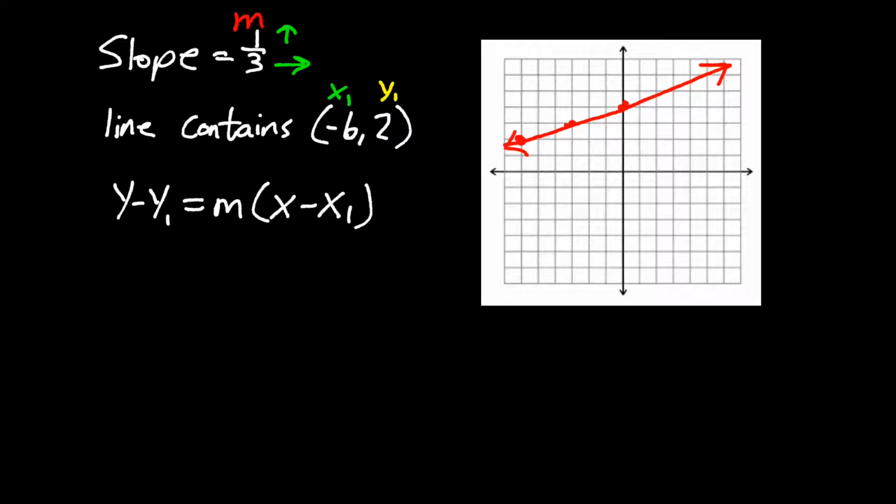And m is 1/3. So let's just plug in what we know. Y minus 2 equals m, which is 1/3, times x plus, I'm going to do a plus instead of the minusing a negative, x plus 6. And there we have our equation.